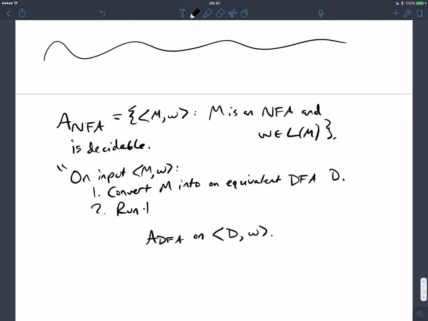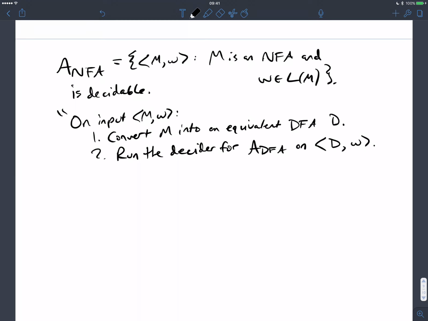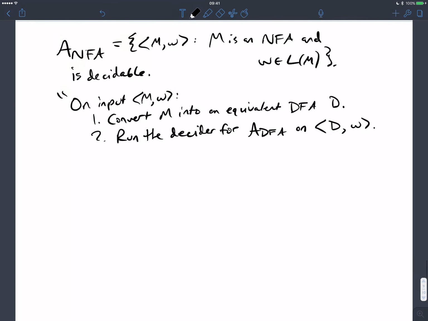Yep. So run the decider for ADFA. This is something I see students do a lot, saying run this ADFA on whatever, or run an NFA on whatever. But that's actually not quite correct because it's missing the notion of what a language actually is and running a machine on a string.